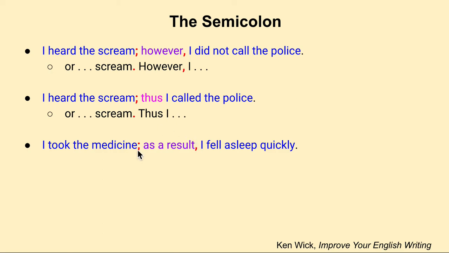Therefore, we may use a semicolon, and we use a comma after the transitional expression. This is how it's punctuated. Or instead of the semicolon, you may use a period like this. So there is an example with a transitional expression.